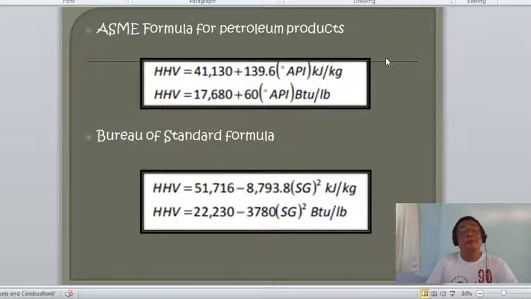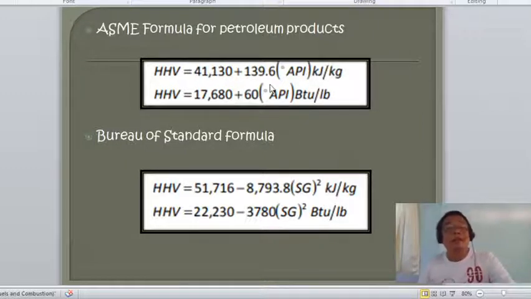So this is 41,130 plus 139.6 degree API, in kilojoules per kilogram, or in English that is 17,680 plus 60 multiplied by degree API. Take note, class, the original formula here is in English units, which is BTU per pound. So this 41,130 plus 139.6 is derived from this English formula here below.